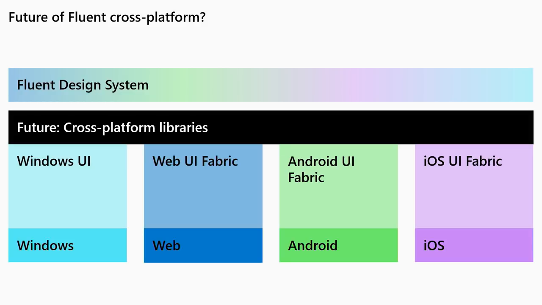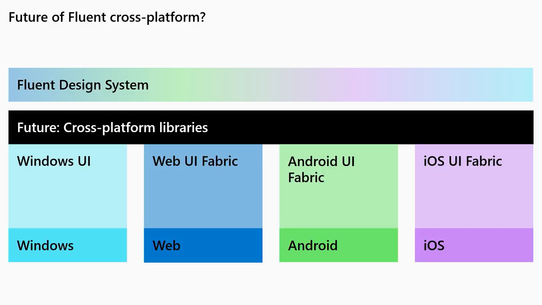But I also want to say that we totally understand, like what Chigusa mentioned earlier, that you might be using technologies like Xamarin or React Native to build truly cross-platform mobile apps. We completely hear that. And so you might be wondering, well, how does Fabric Mobile relate to those technologies?